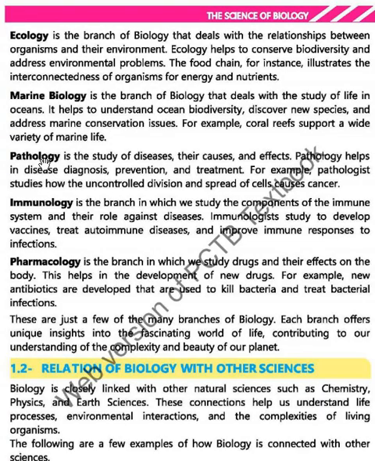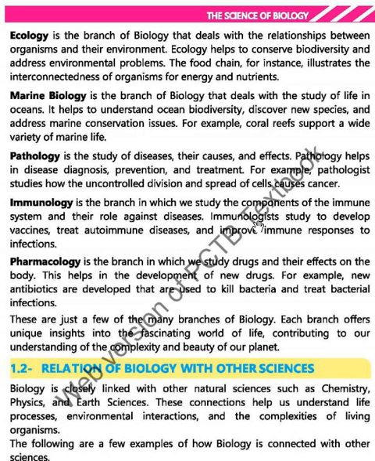Next branch of biology is pathology, the study of diseases, their causes and their effects. Pathology helps in disease diagnosis, prevention and treatment. For example, a pathologist studies how the uncontrolled division and spread of cells cause cancer. Next branch of biology is immunology, the branch in which we study the components of the immune system and their role against diseases.